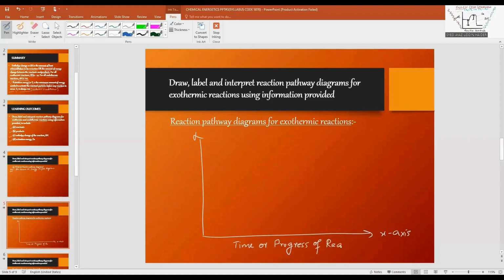It's also known as the reaction coordinate. On the y-axis, this is energy or temperature.